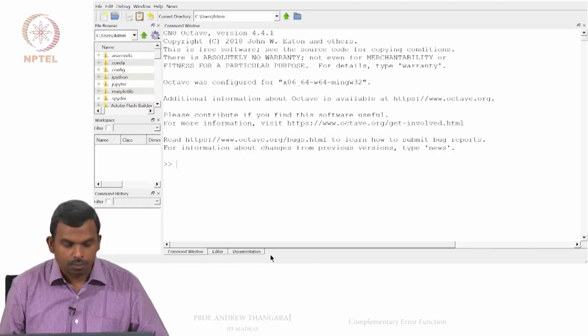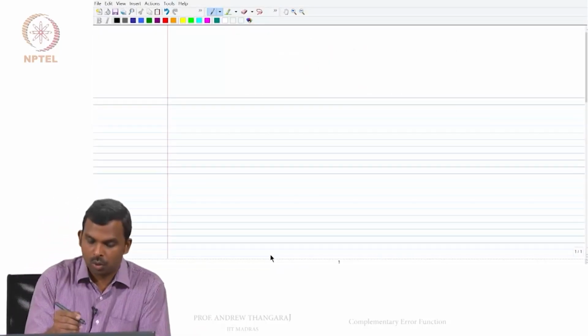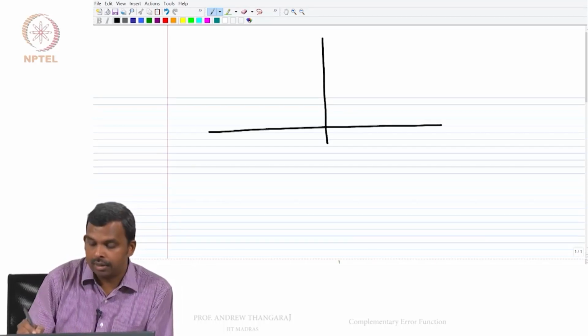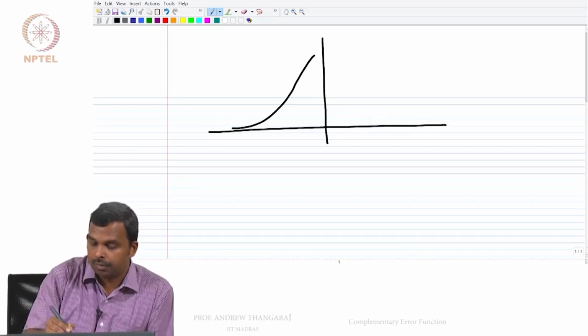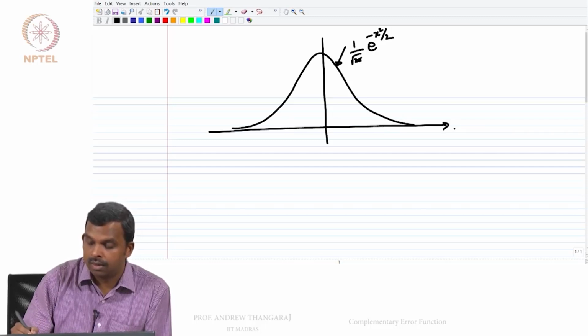The first thing I want to say is about this Q function. So, let me say a few words about what this Q function is. Like I mentioned, you have this Gaussian integral, right, and then this is the Gaussian PDF, which is 1 by root 2 pi e power minus x squared by 2. Okay. So, this is the 0 mean variance 1 Gaussian PDF.